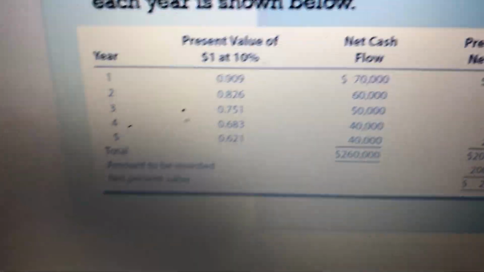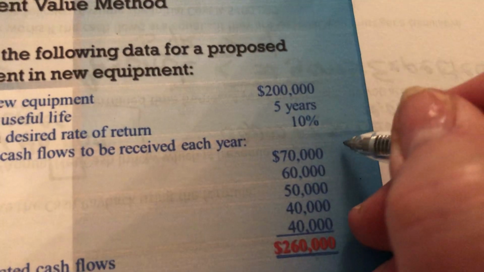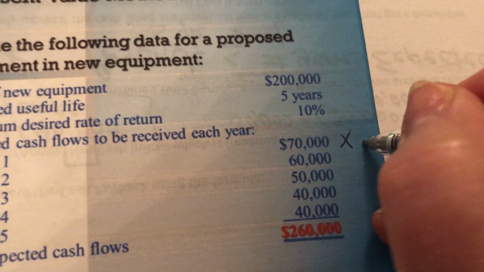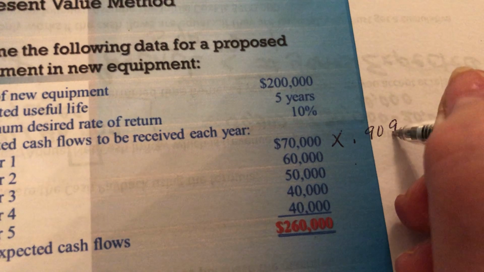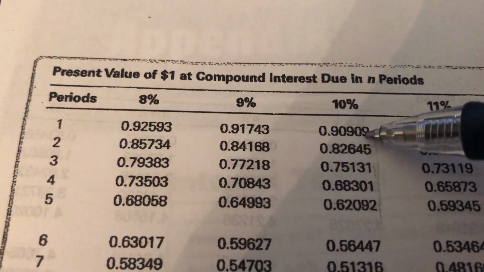So let me come back. And we're going to do this multiplication. So in year 1, you want to multiply times 0.909. And that came from these numbers under 10% right here.